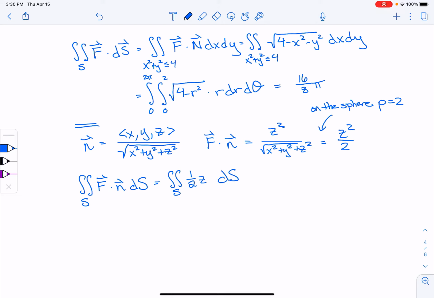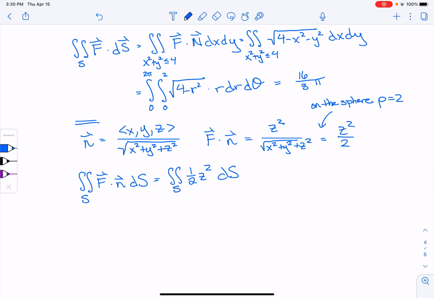And now I'm going to describe this surface in terms of spherical coordinates. So I'm going to do this integral ds in terms of spherical coordinates. In this case, I'm going to have 1/2 times z squared. So z is going to be rho, which is 2, cosine phi squared.